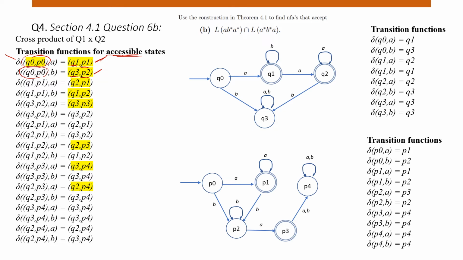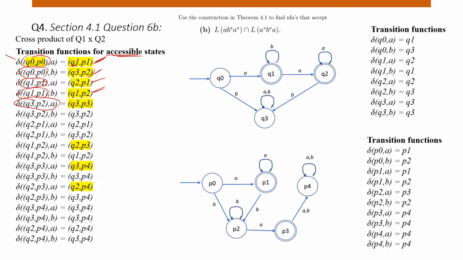There are some states that are not going to be accessible. So once you figure out that Q1, P1 is an accessible state, then you do Q1, P1 and find out where you get from there, which is Q2, P1. And then from Q1, P1 with a B, you get over to Q1, P2. And now our next accessible state is going to be Q3, P2.